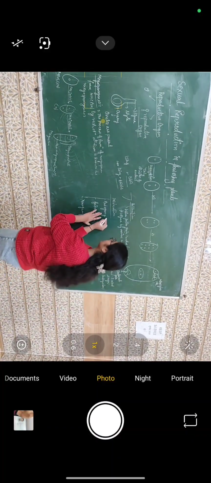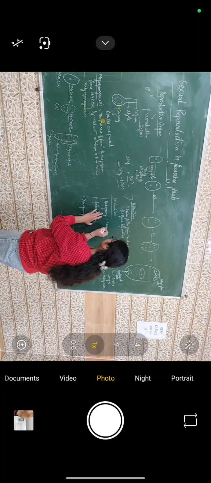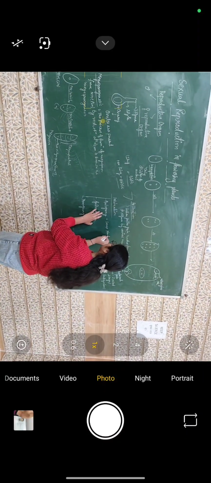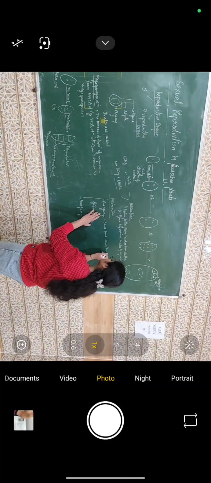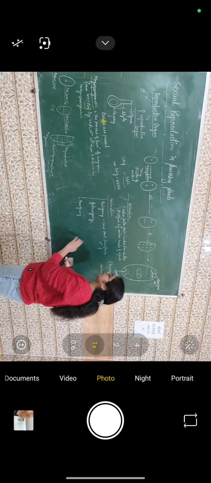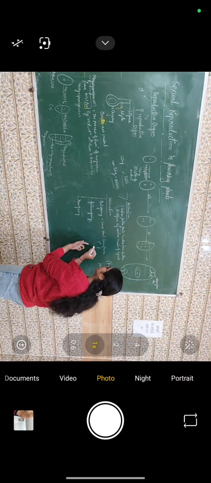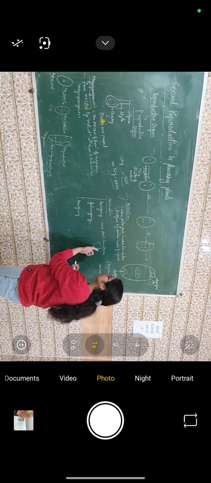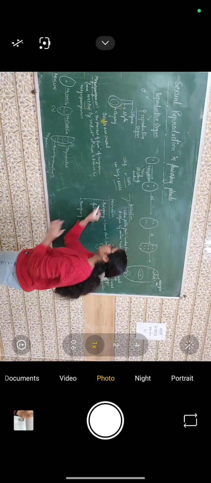Autogamy means same plant, same flower, which consists of both male reproductive organ and female reproductive organ, and the anther reaches to the stigma of this flower in the same plant and in the same flower. This is known as autogamy.